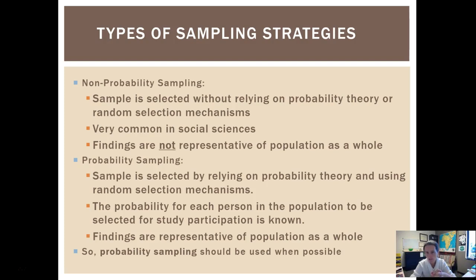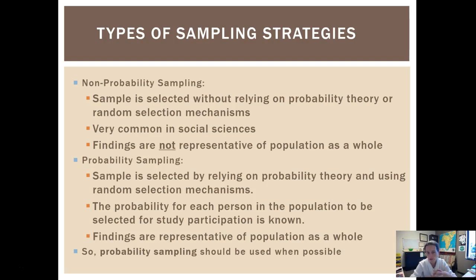So for instance, if we used probability sampling to collect data from 500 NKU students, then the findings from our study would actually be representative of all NKU students. So in that case, we would be able to generalize our findings to all NKU students rather than only being able to say that it's true for our own sample.